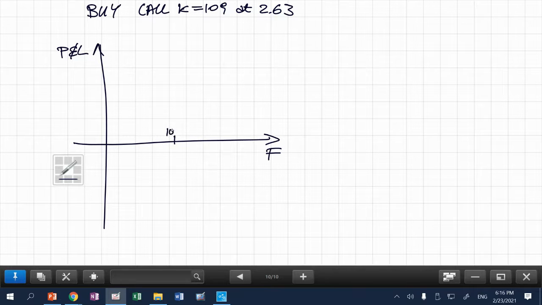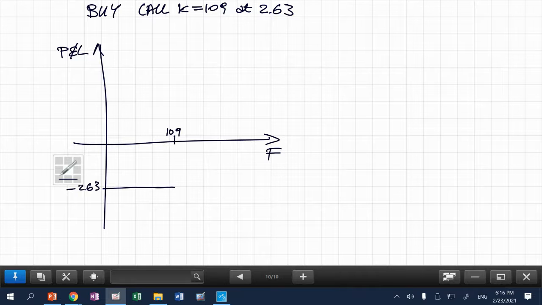So clearly, what would be crucial is whether at maturity the future trades over or below 109. If the future at maturity trades below 109, would I exercise the option? I won't. For a future price at maturity below 109, what would happen is that I would lose the premium. I would lose 2.63, okay?